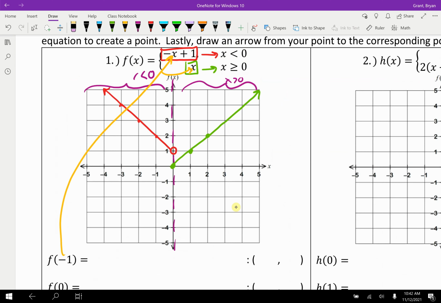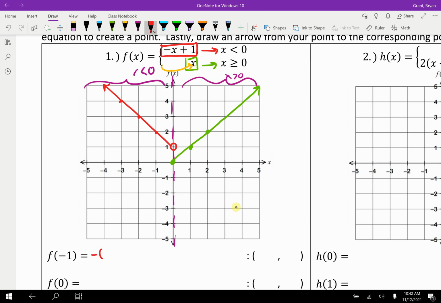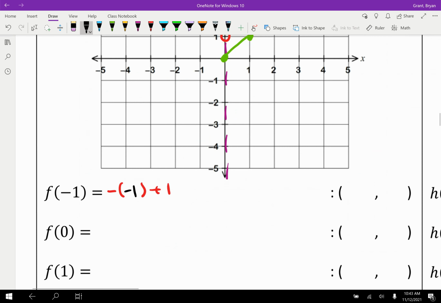And I think in this case, in any case, negative 1 is less than 0. So that tells me I need to use the equation in red, and instead of negative x plus 1, we need to replace the x with negative 1. So to find f of negative 1, we use this top part, and we substitute negative 1 into the top branch. Then we go through and we work this out.